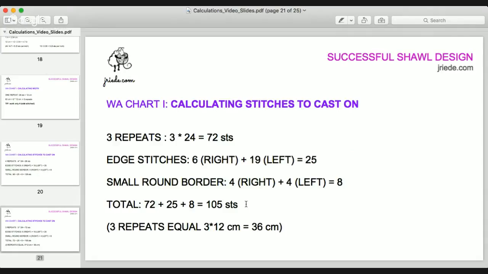In case you're interested in how wide this shawl would be, as we know that one repeat equals 12 centimeters, and in this case we have 3 of them, this center section, the repeat section, would be 36 centimeters wide.